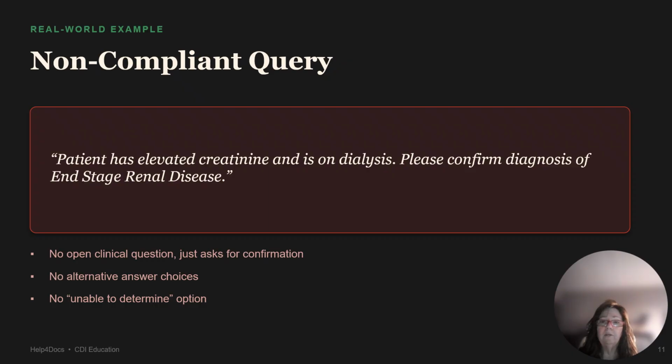That's the query. Notice what's missing here. There's no open question, no alternative answer choices, no unable to determine option. It tells the provider the answer and asks them to sign off on it. Okay, that's non-compliant.